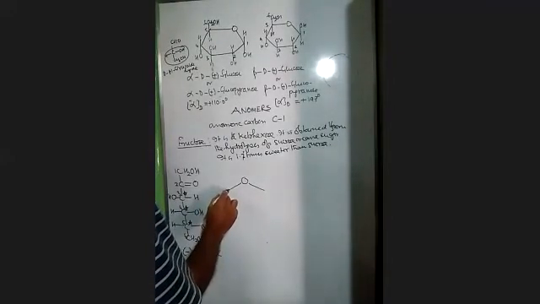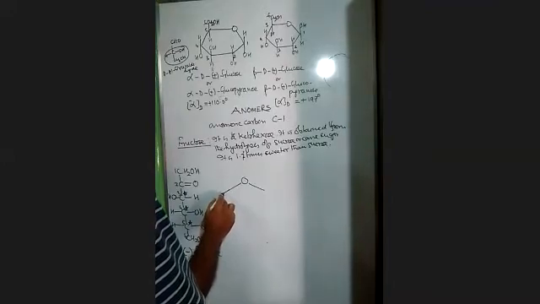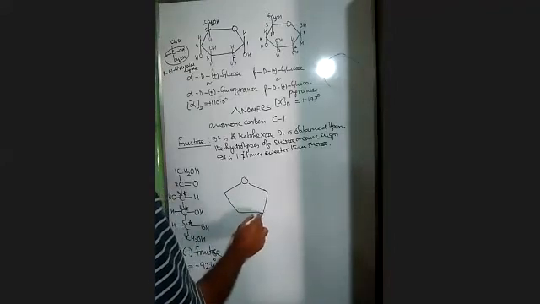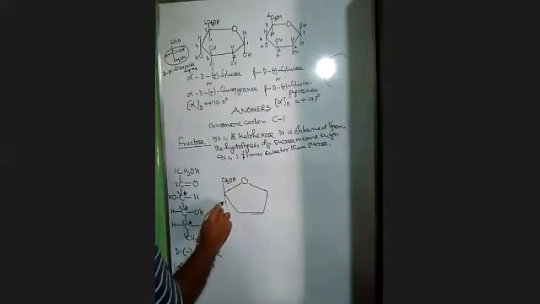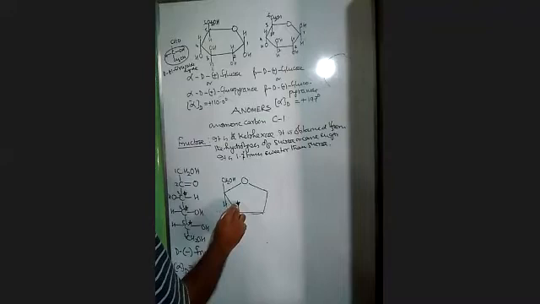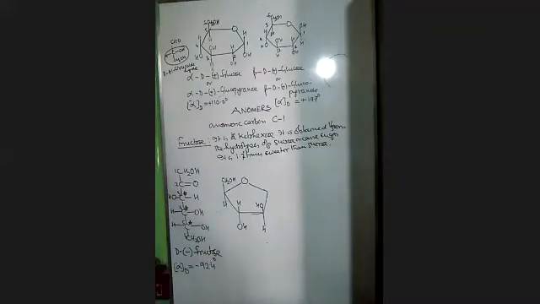So what will be its cyclic structure? It is a 5-membered ring. See, this is one. In this case, we'll start from here. What we already know, this CH2OH on the top, and they will be in alternate positions.